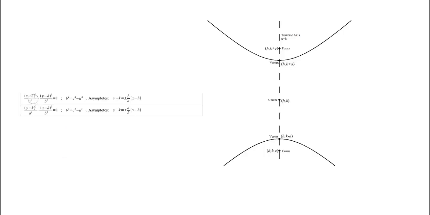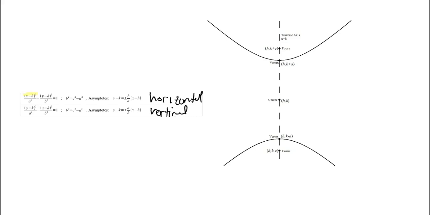So first, we have two orientations that we're going to focus on, and I've written the two equations that match those two orientations. And those orientations are horizontal and vertical. Focusing in on the equation, the way that I can tell the difference between the horizontal orientation and the vertical orientation is by which term is positive.